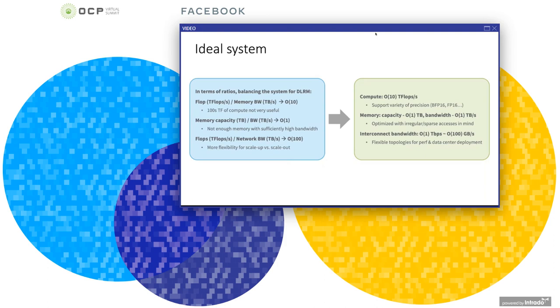So just to summarize, an ideal system platform for this class of application would have tens of teraflops with a variety of precision, given the precision requirements here are also atypical, terabytes of memory capacity with terabytes of bandwidth, and also fast interconnect, hundreds of gigabytes of bandwidth, and importantly, flexible topologies allowing easy architecting of systems which can be easily deployed in data centers.